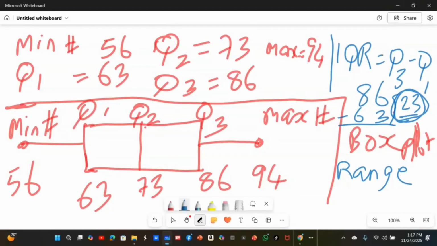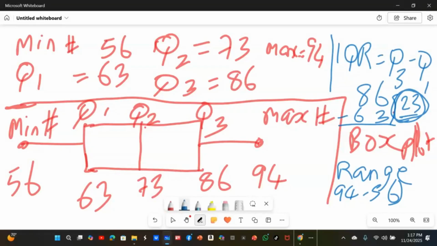So we're going to find the maximum minus minimum, 94 minus 56. We got 14 there. 14 minus 6 is 8. 8 minus 5 is 3.